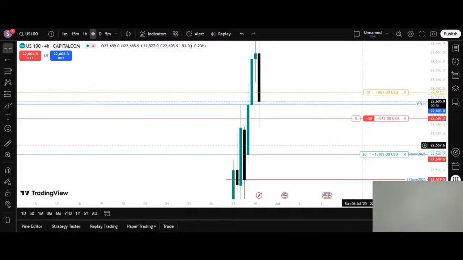Here's the 4 hour chart. 40 seconds left till the close. 8 seconds left.